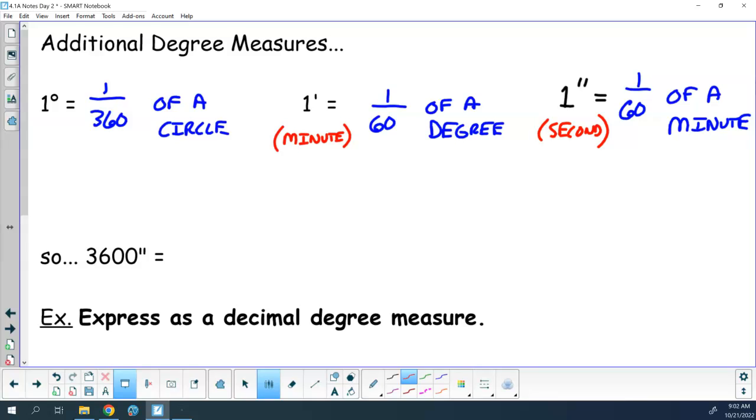So if there's 60 seconds in a minute, and there's 60 minutes in a degree, that means that 3,600 seconds is equal to 1 degree.